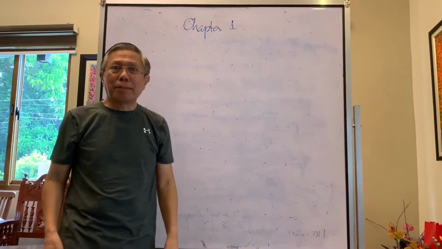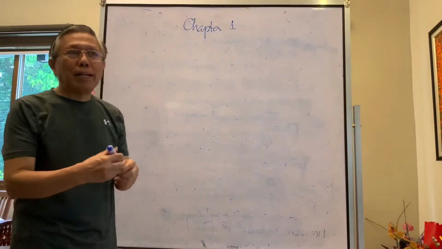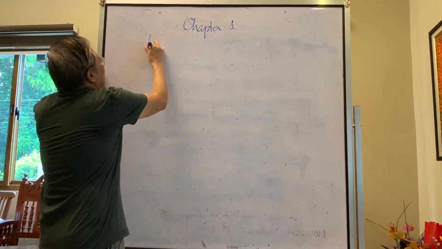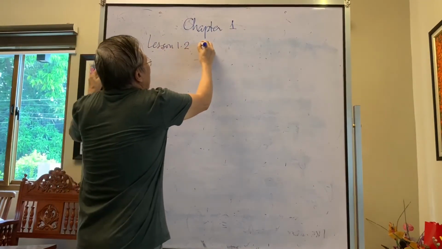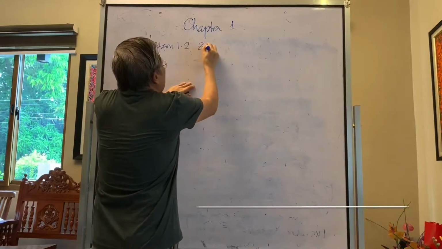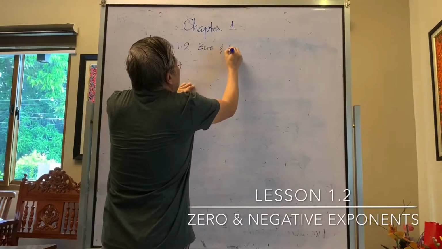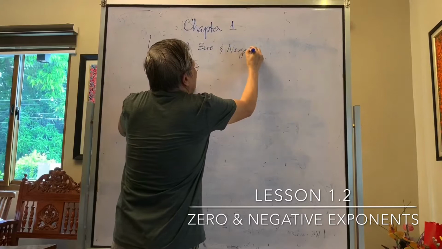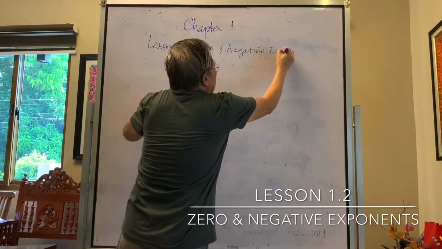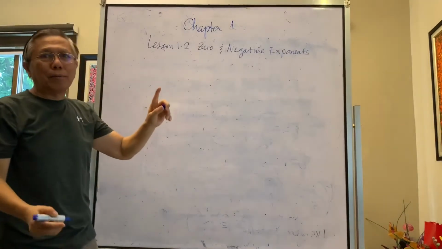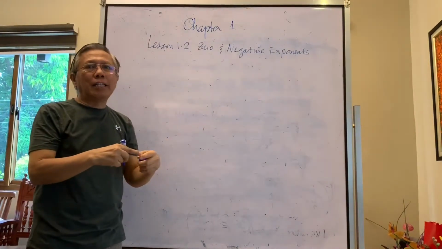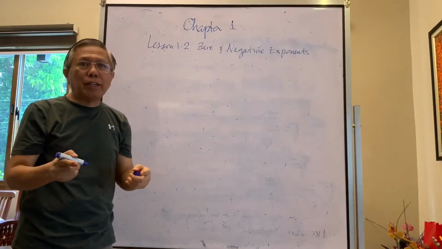We are still in Chapter 1 and our lesson for today will be Lesson 1.2, zero and negative exponents. Recall that the ones we have had only had exponents which were natural numbers.